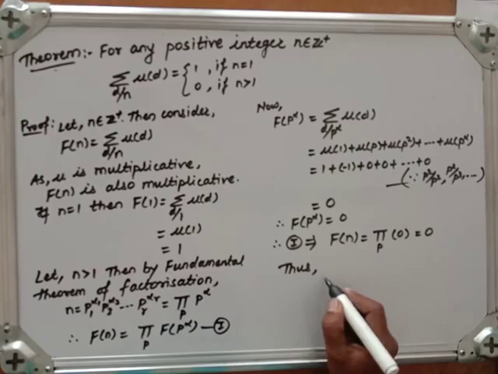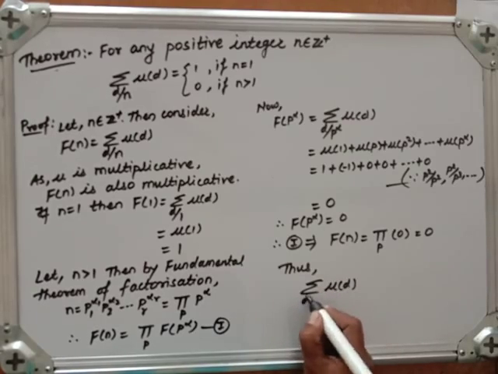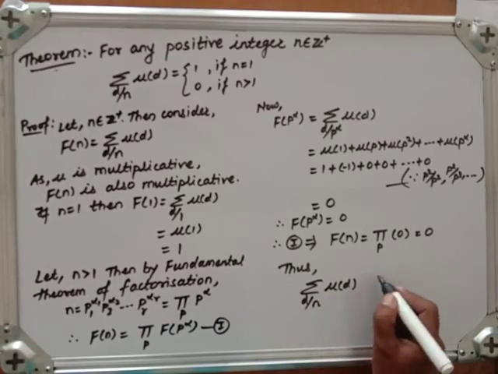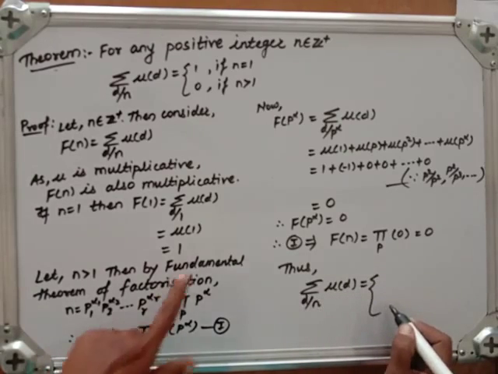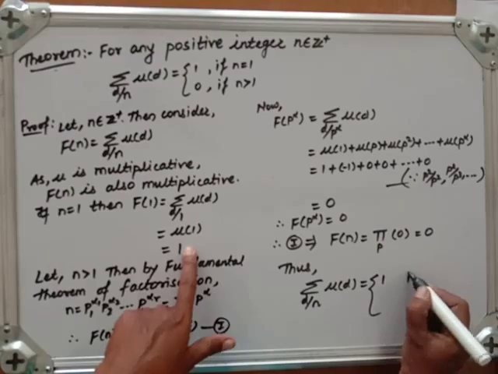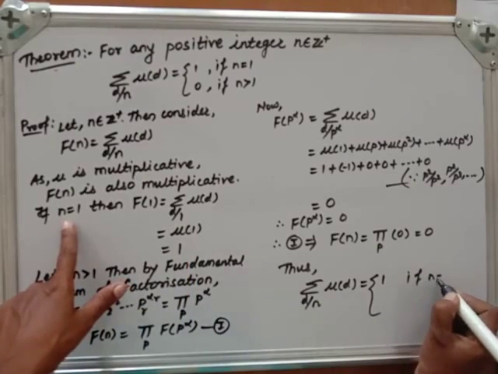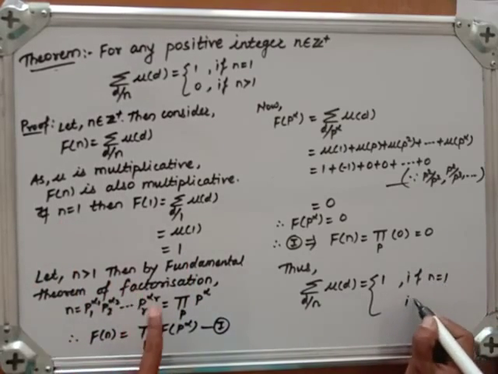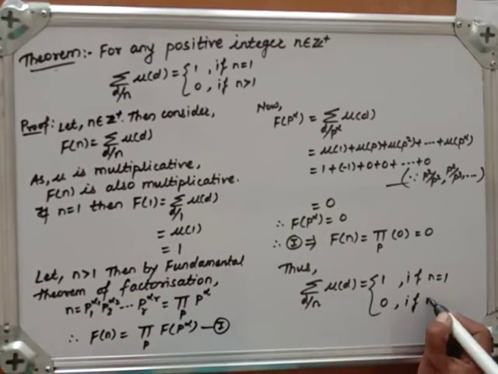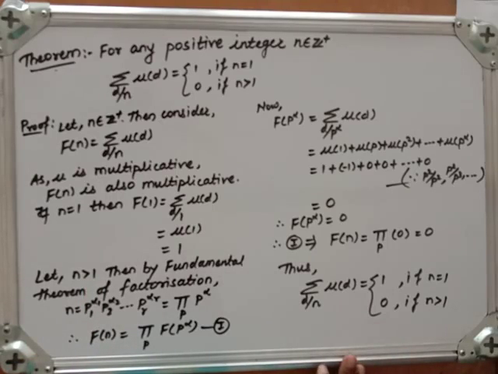Thus we get the summation of mu of d, where d divides n, is 1 if n is 1, and it will be 0 if n is greater than 1. This is about the theorem.